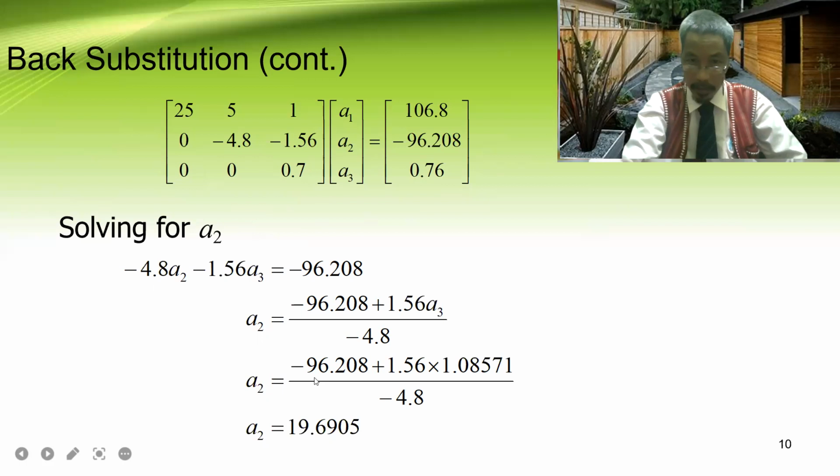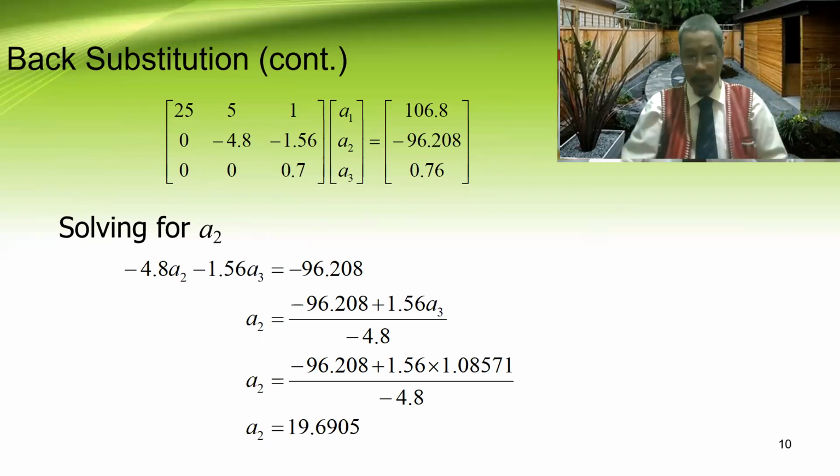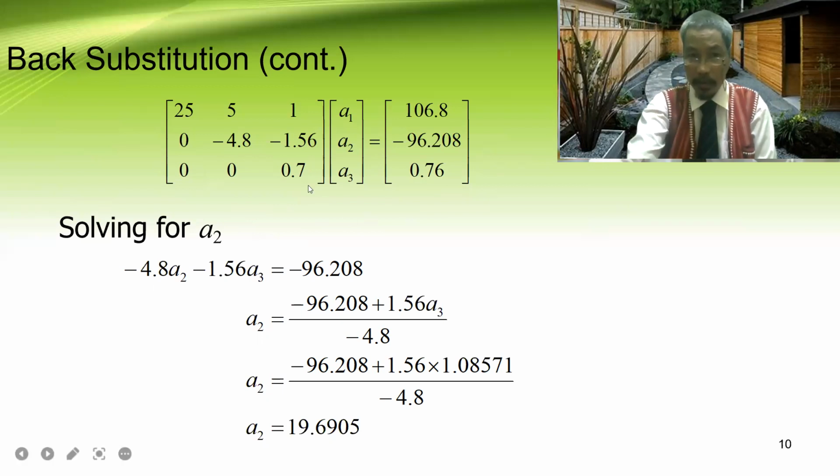Do not be confused because it is very easy. Negative 4.8 is the coefficient of A2, because the variables are A1, A2, A3. So put negative 4.8 A2, negative 1.56 A3 is equal to negative 96.208.